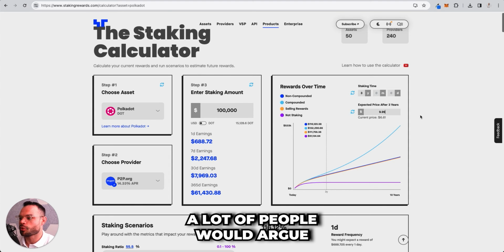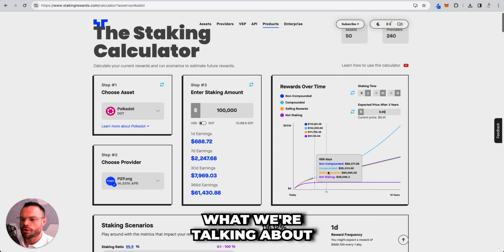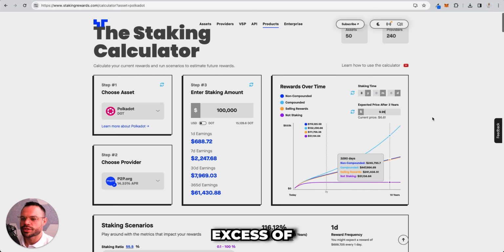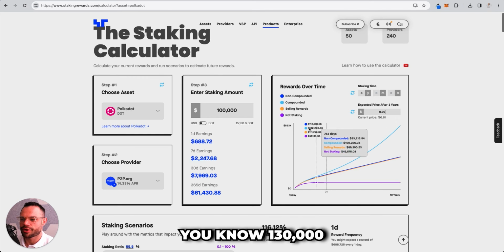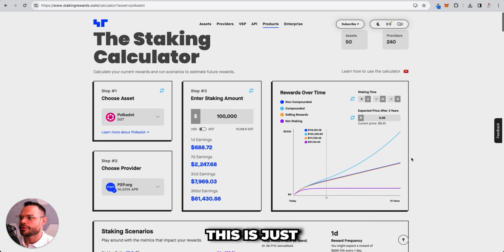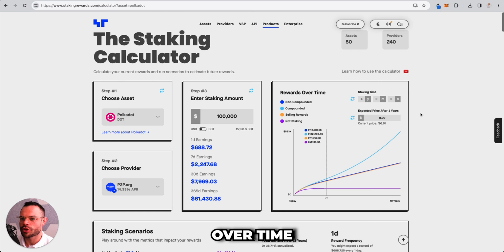Again, a lot of people would argue that this will go much higher, but you can see over a 3-year period, what we're talking about are staking rewards in excess of $130,000 if we let that compound. So again, this is just a super interesting way to begin to think about the potential with cryptocurrency staking and how you can earn rewards over time.